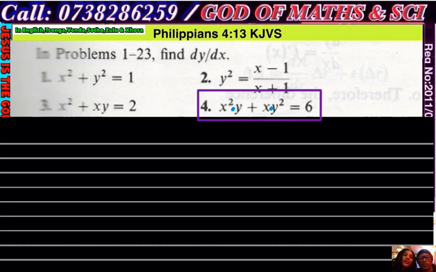So we stop the first, the x squared, because that's how you've been taught, and then you derive the second. The second, remember, you're doing the derivative of that y.